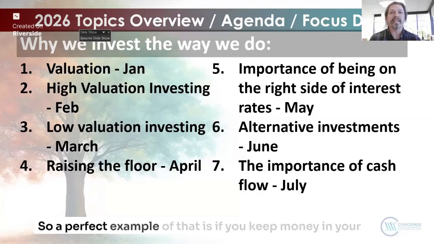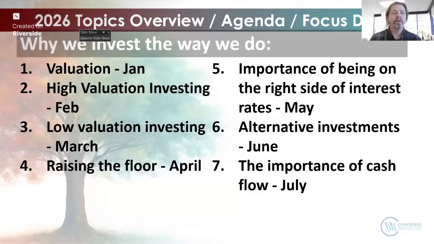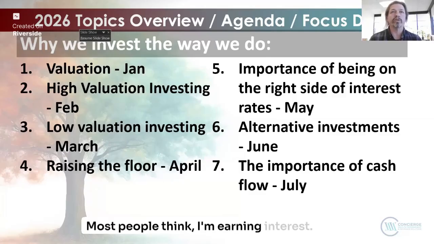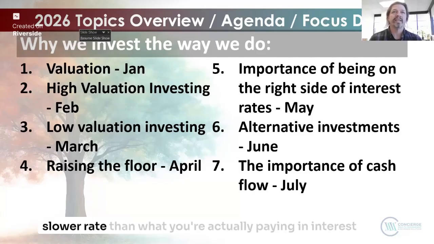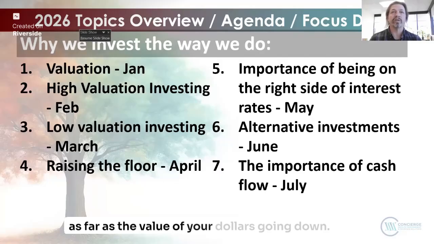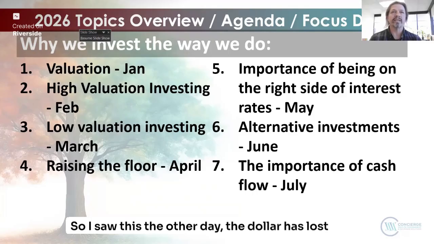So, a perfect example of that is if you keep money in your savings account. Most people think, oh, I'm earning interest. And the truth is, you are, but you're earning it at a slower rate than what you're actually paying in interest as far as the value of your dollars going down. So I saw this the other day. The dollar has lost 10% of its value just in the last couple years.